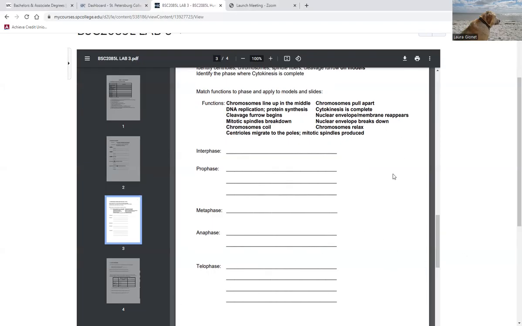Okay, so the nuclear envelope and membrane start to reappear, because now that we pulled the chromosomes apart, we don't want the chromosomes to just float away out into the cytosol. So you very quickly start to remembrane bound them, so we contain the DNA in the nucleus. So the nuclear membrane starts reappearing.